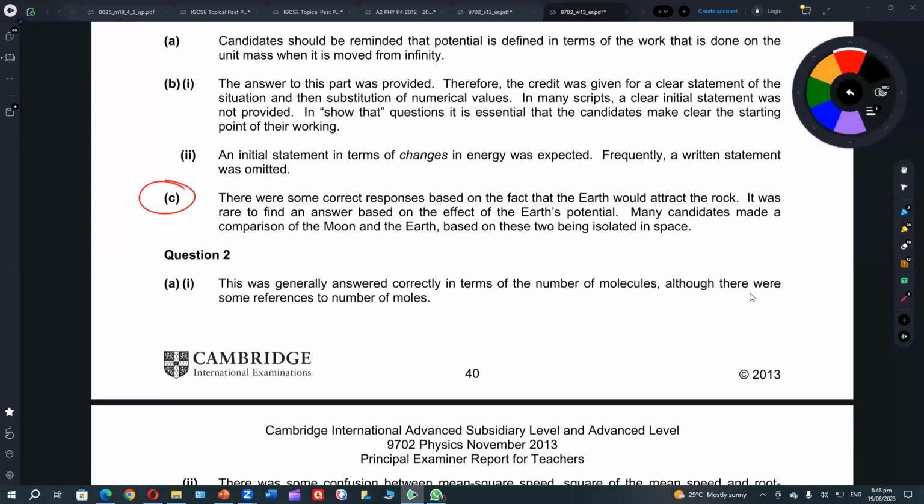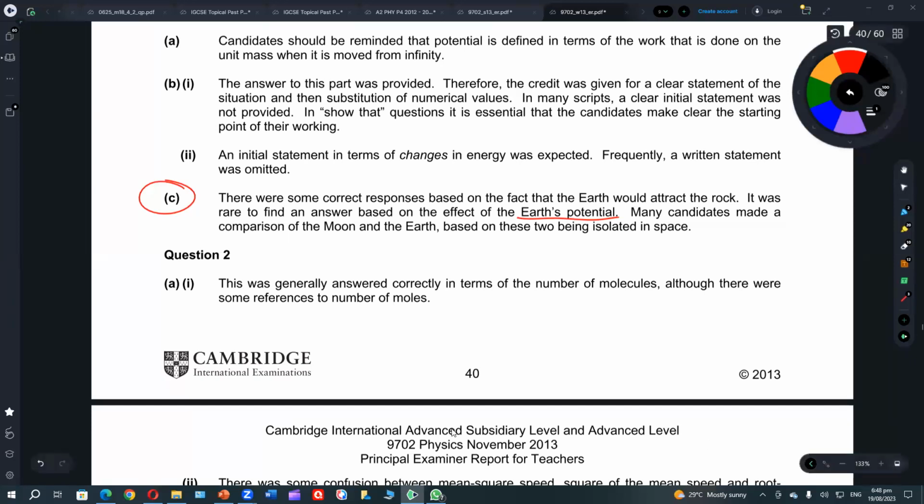There were some correct responses based on the fact that the earth would attract the rock. It was rare to find an answer based on the effect of the earth potential. Many candidates made a comparison of the moon and the earth based on these two being isolated in space.